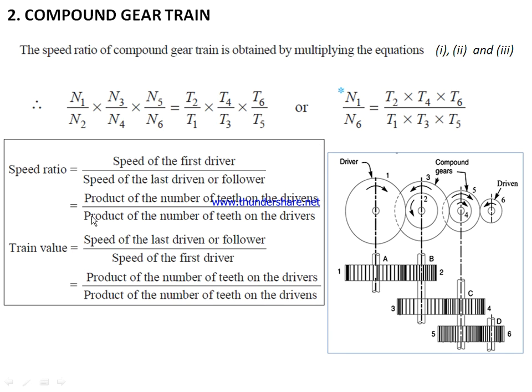So hence, speed ratio in case of compound gear train is speed of the first driver divided by speed of the last gear, that is the driven or follower, equal to product of number of teeth on the driven wheels divided by product of the number of teeth on the driving wheels. So for gear 2, gear 1 is the driver, 2 is the follower, for 4, 3 is the driver, for 6, 5 is the driver.